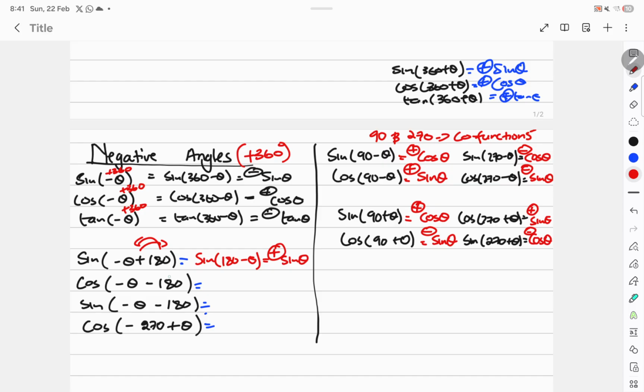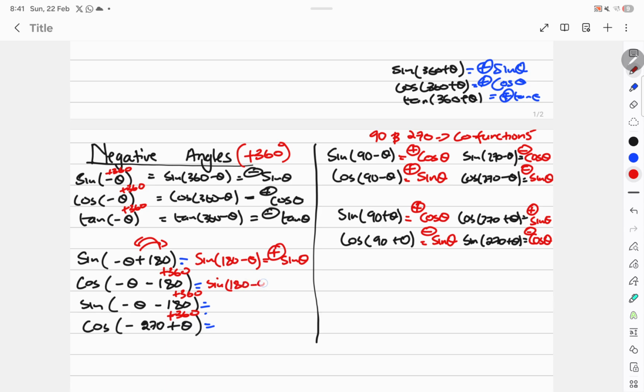The cos of this, it's negative 180. You see negative 180, negative 90, negative 270, negative 360. That is a negative angle. You add 360 to it. You add 360 to it. You add 360. Now, when we add 360 here, I'll have the sine of minus 180 plus 360.